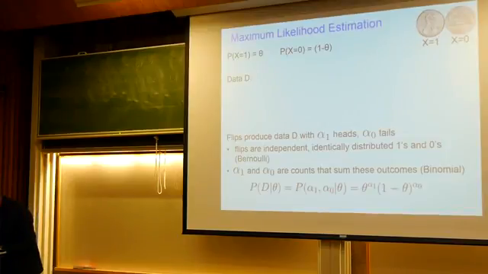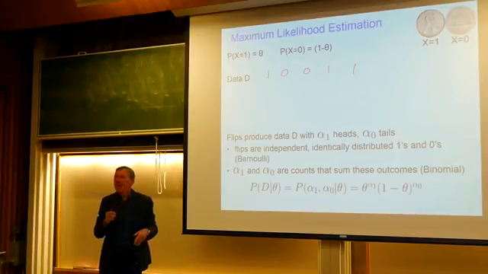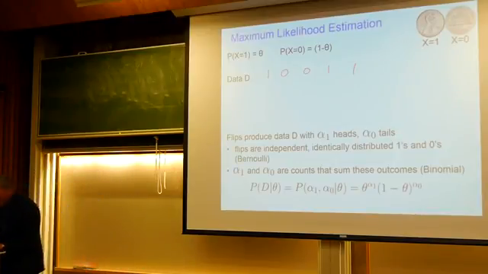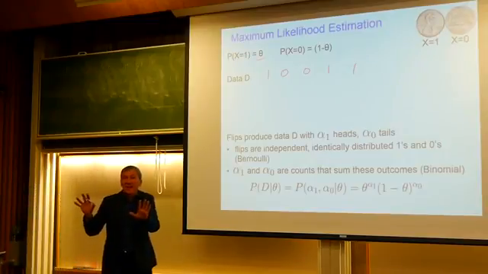Okay, so let's look at that. Suppose we flip a coin, let's say 5 times. And I get a sequence of flips like heads, then tails, tails again, heads again, heads again. Those are 5 flips. Now, I'm defining theta to be the probability that x equals 1. We don't know what theta is yet.